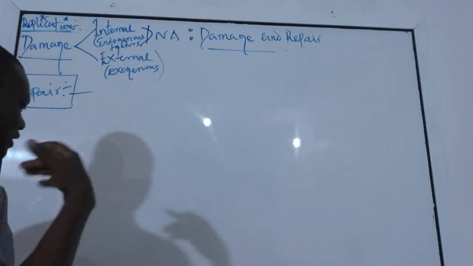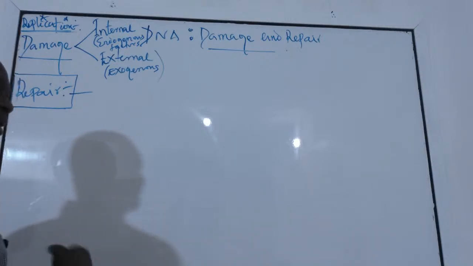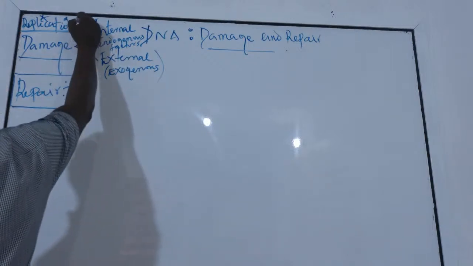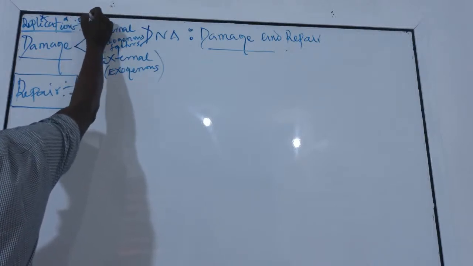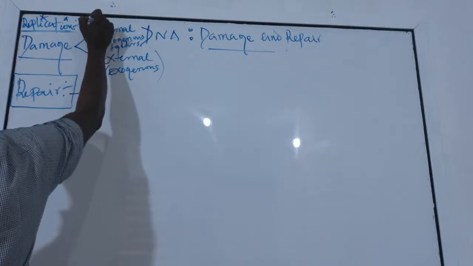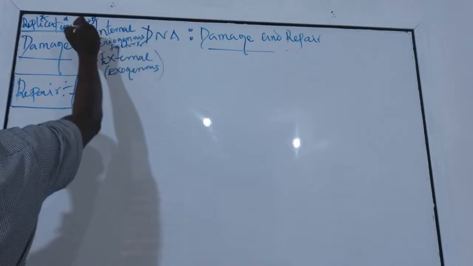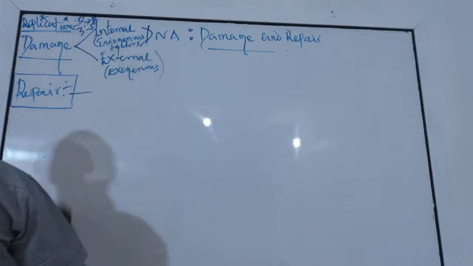How does DNA replicate, and what are the basic mechanisms that you must know, because it is a technical term that has to involve the two strands of that DNA. The way I told you, there is going to be antiparallelism. One strand of that DNA will proceed from 5 to 3 prime, and in obeying the law of antiparallelism, the other strand is going to start from 3 prime to 5 prime.